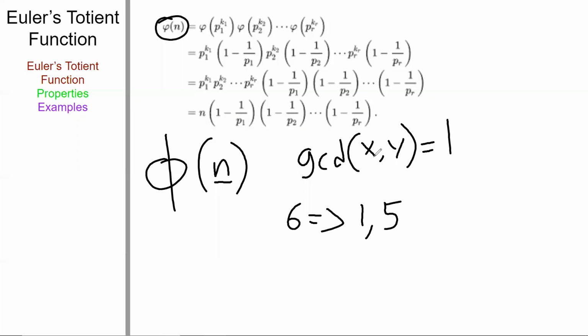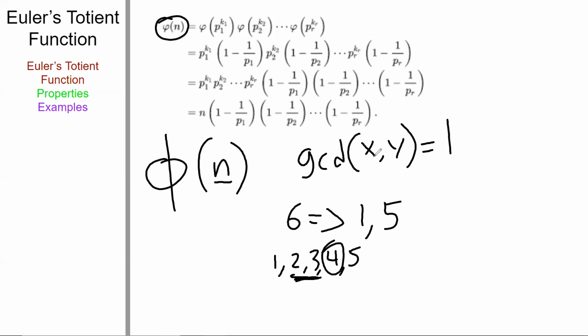If you look at the numbers that are less than 6, you would have 1, 2, 3, 4, 5. And the numbers 2 and 3 are actually factors of 6, which means that their greatest common divisor is themselves, and that it is definitely not 1. 4 here shares a factor of 2 with 6, so the GCD of 4 and 6 would actually be 2 and not 1.